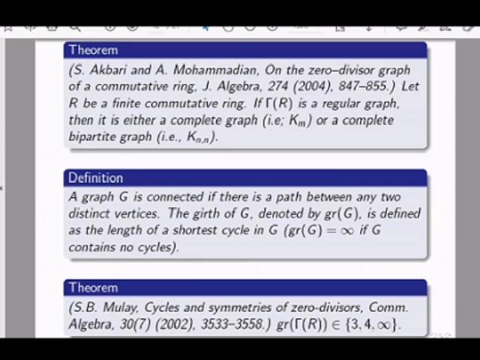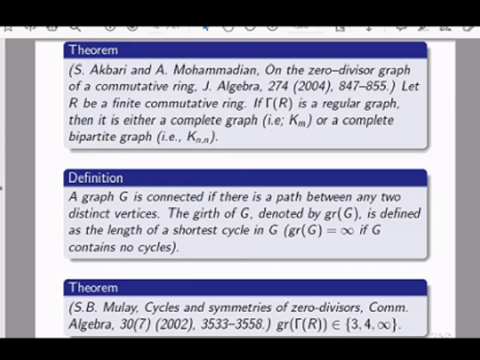In this paper, 2004, he said, let R be a finite commutative ring. If the zero divisor graph is a regular graph, then it has to be either complete or Kn,n. That's it. You cannot have any other shape, period.